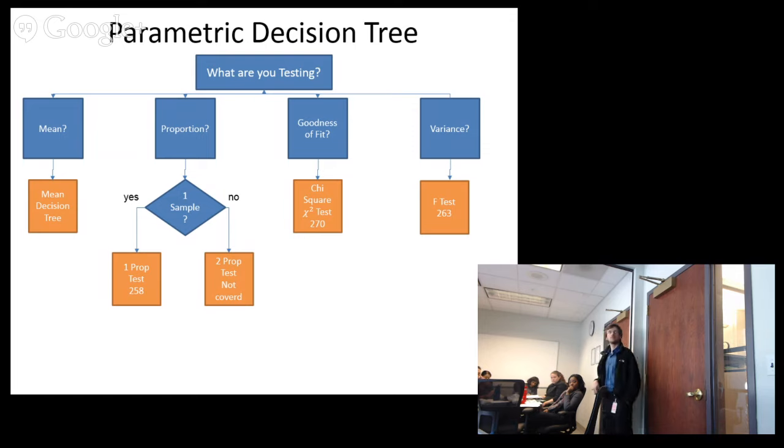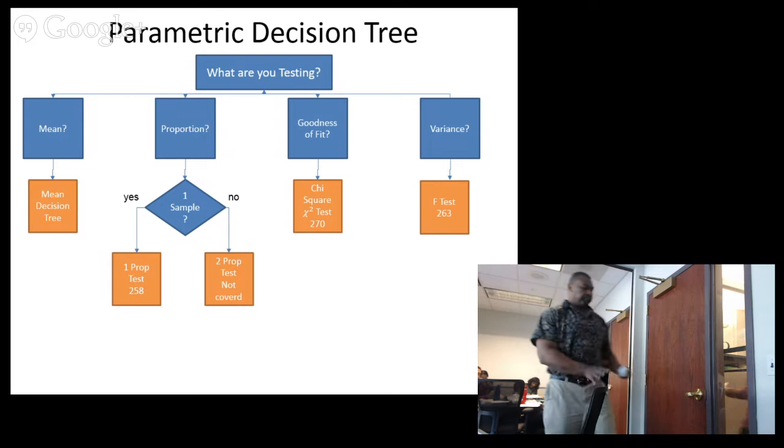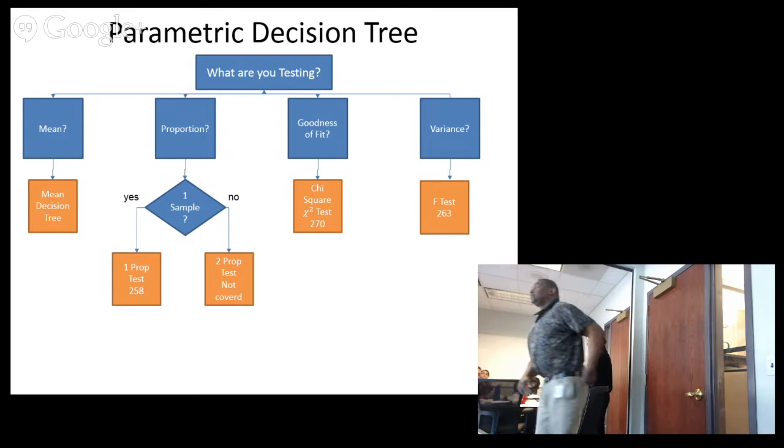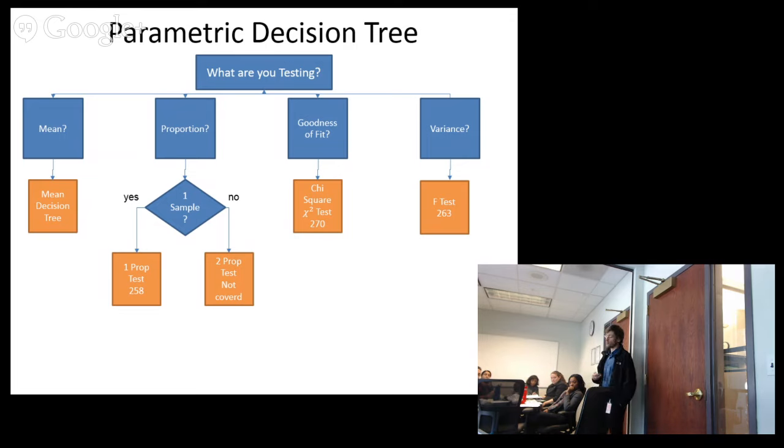We can also do a test on goodness of fit, to answer questions like, does my data follow a normal distribution? Does my data follow a Weibull distribution? For all those distributions we talked about, we use the chi-square test to determine how well our data follows our model. And then there's the variance. A lot of the goals of continuous improvement projects are to reduce the variance or the standard deviation, because variation is a source of waste.